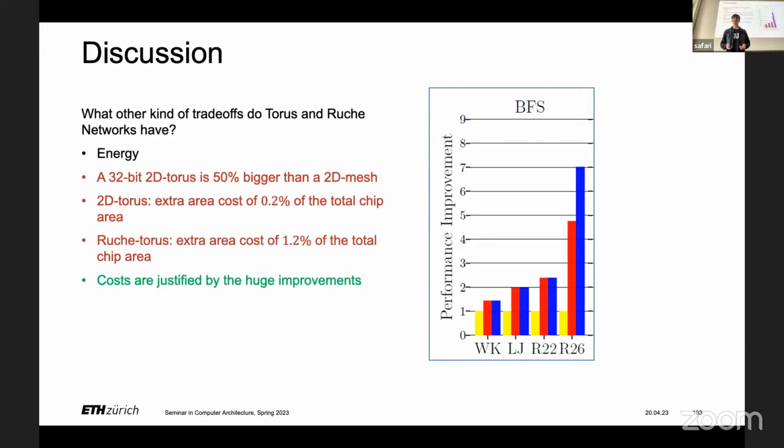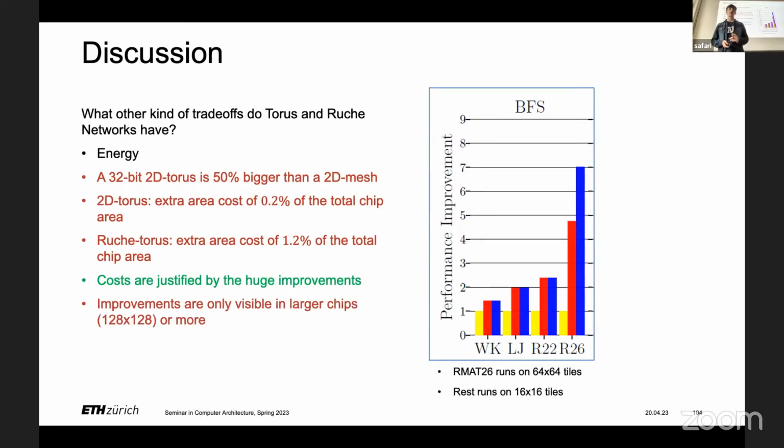These trade-offs, these costs are all justified by the huge performance improvement that you can see in this picture. You can also see how having a Torus or Torus Rush network on chip is not changing anything in the very first three workloads, but then it does change something.